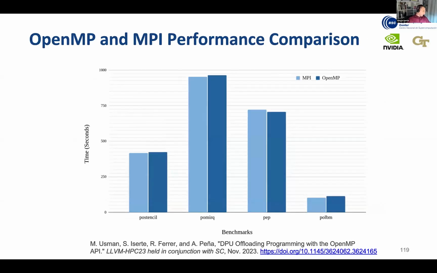Okay, if we compare the OpenMP implementation against the MPI implementation of some of the micro benchmarks of SPEC Accel, we can see that the difference between them is negligible. So it means that we are not adding overhead.